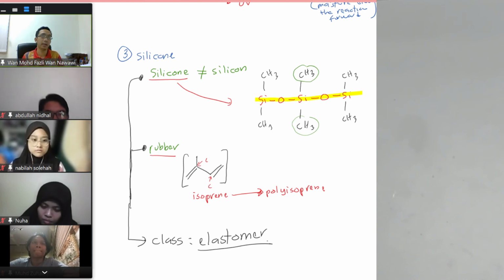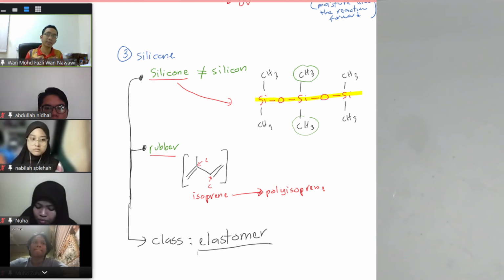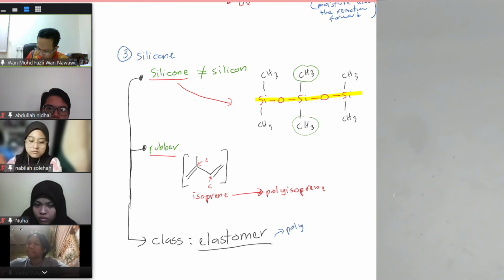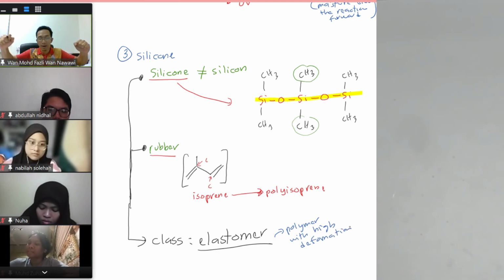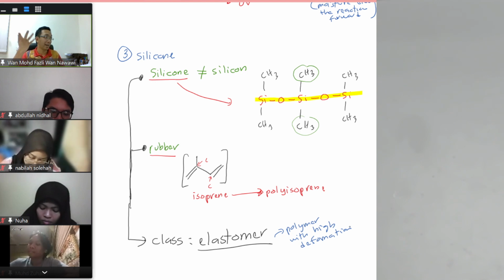Elastomer is basically polymers that have high deformation, meaning that you deform it and then it will return back to the original. Normal plastic you cannot do that.